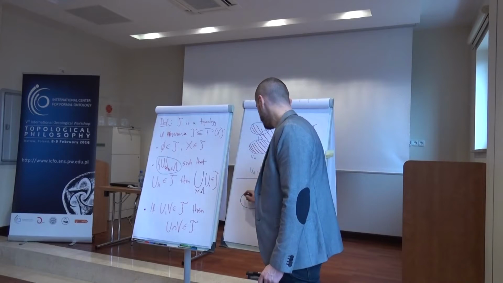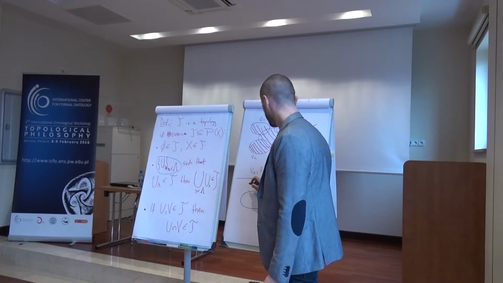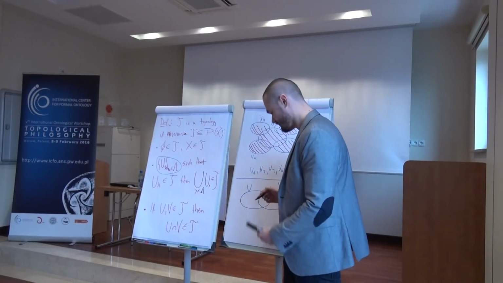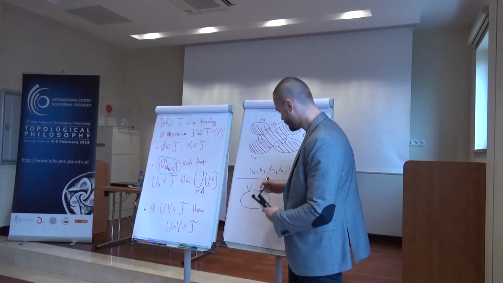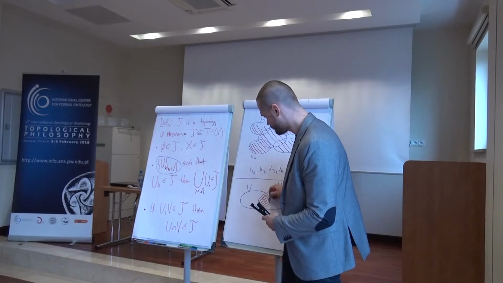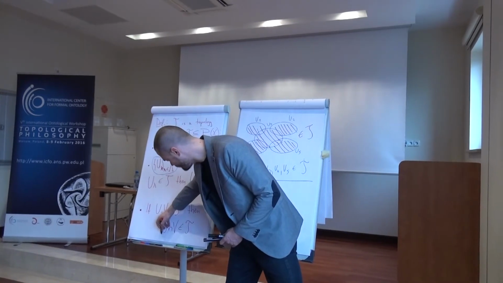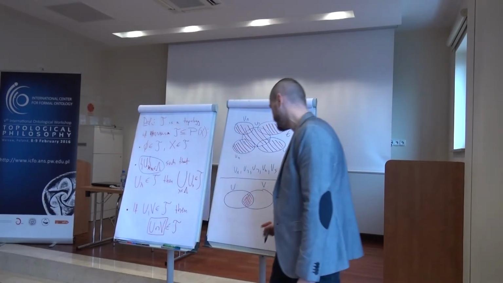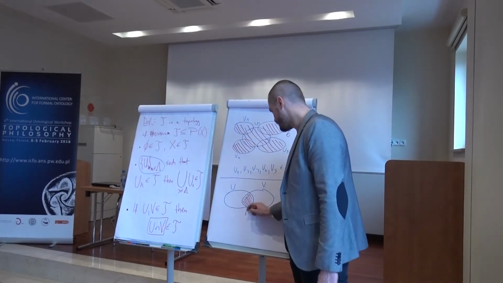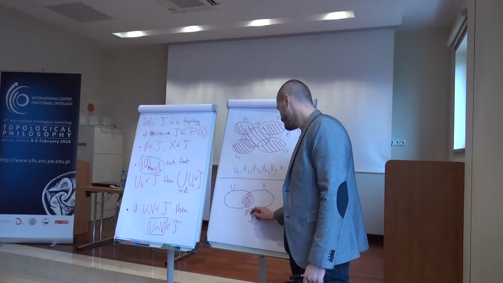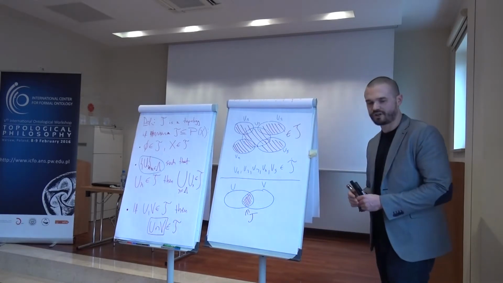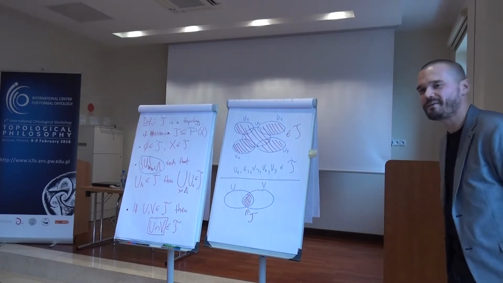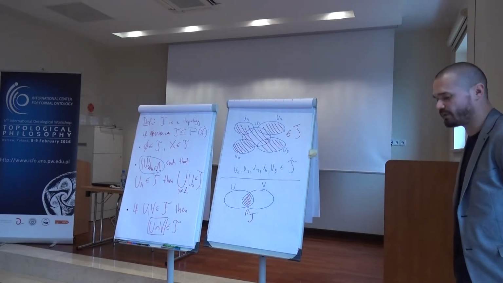If you have U and V from T, then the common part, this symbol here signifies the common part of it, also belongs to T. Okay, so that's the definition of topology.